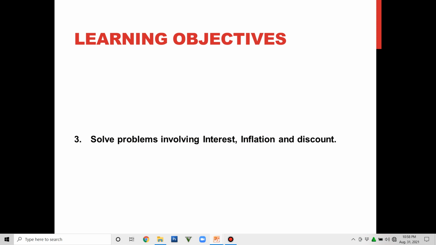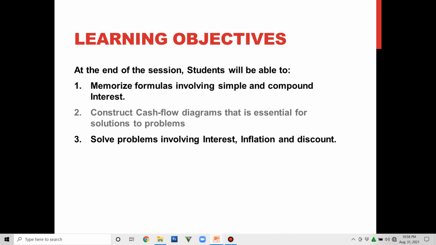So for our learning objectives, at the end of the session, you will be able to, first, familiarize yourself with the formulas. We will memorize formulas involving simple and compound interest. And then secondly, we need to construct the cash flow diagram as a basis of our solutions to every problem.